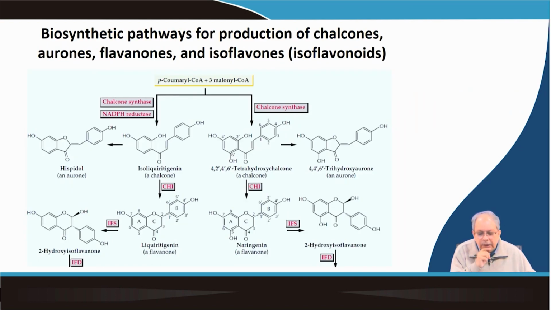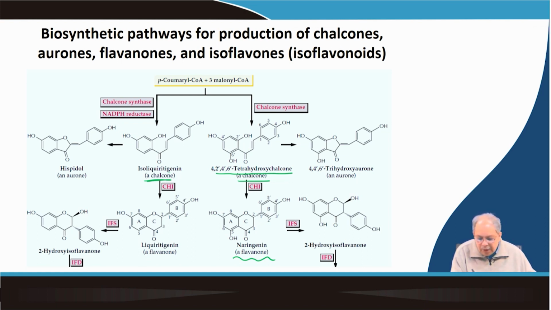Okay. So, this is again a revision. Chalcone synthase makes tetrahydroxychalcone, which takes part in the formation of naringenin and subsequently anthocyanidins, whereas the other type of chalcone is called isoliquiritigenin, which plays an important role in the formation of isoflavonoids.